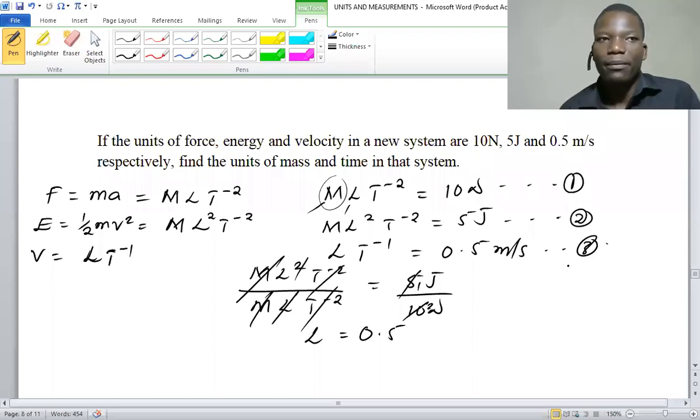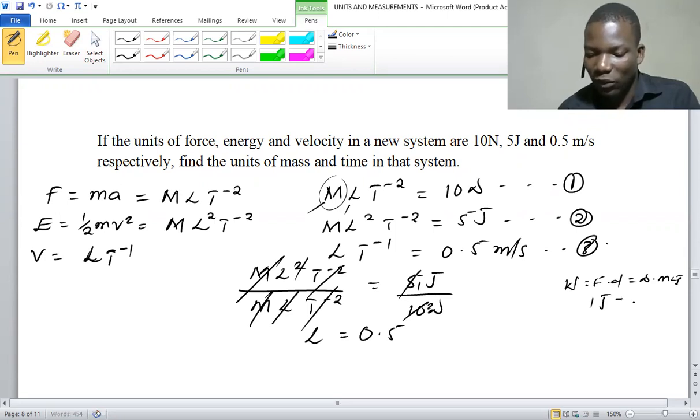What are the dimensions actually of work done? Work done is force times the distance, right? So force is Newton and distance is in meters. And this gives us 1 joule. So 1 joule is actually equal to 1 Newton meter, like that.